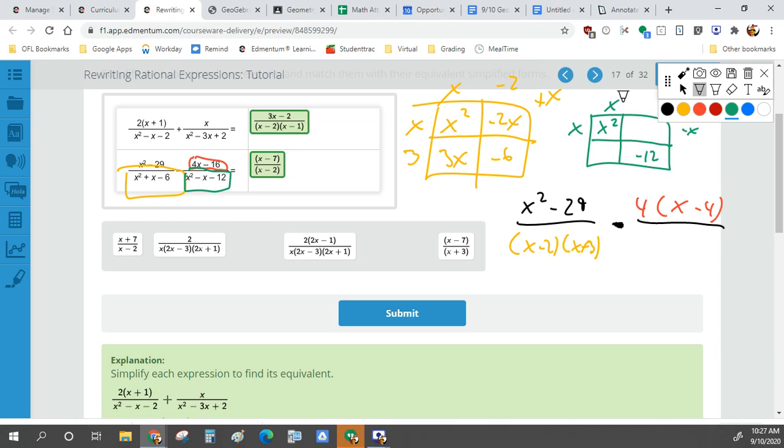So I know 3 times 4 is 12, but I need to get a negative 12. So I'm going to try negative 4 and 3. The reason why the bigger number is negative is my middle number is negative. If I look right here, that middle number is negative, so my bigger number needs to be negative. That way when I add these up, I get a negative number.